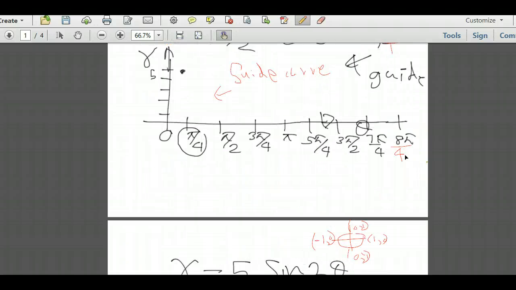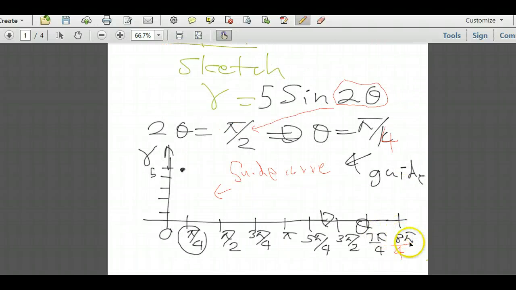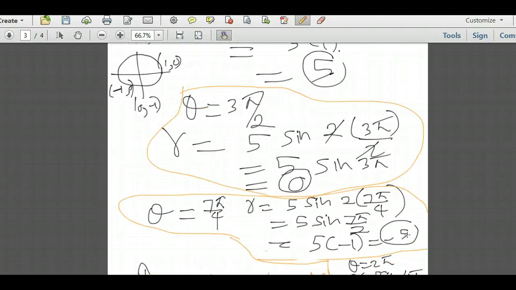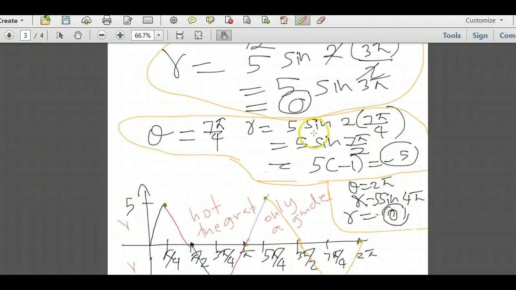Finally, we have the last entry that we need to fill. Let's add, 8 pi over 2, which is actually 2 pi, right? So this is 2 pi right here, the last one. So when you put 2 pi, r becomes 5 sine of 2 times 2 pi, which is 4 pi. 5 sine 4 pi.